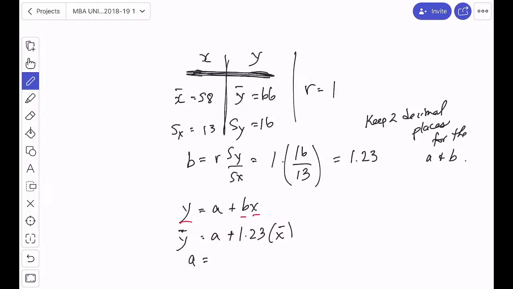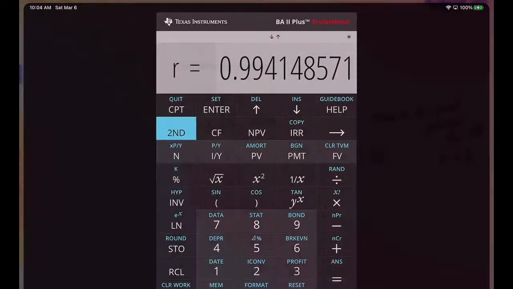So A would be: y bar is 66, equals A plus 1.23 times x bar, which is 58. Let me double check.